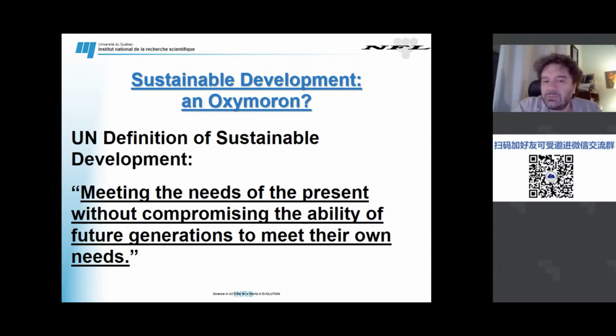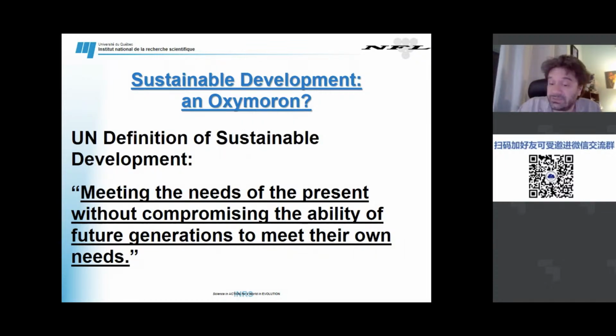Now, if you look at what's been happening for the past decades, if not longer, everything we've been doing as humans on this planet is not sustainable. And that's why the title of this slide is Sustainable Development, an Oxymoron, or if you want, a contradiction in terms.